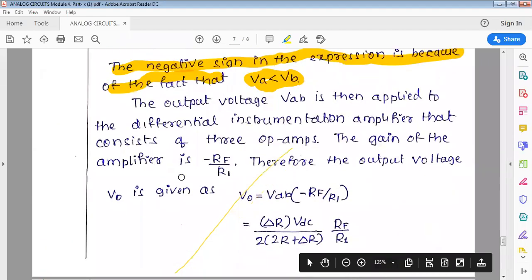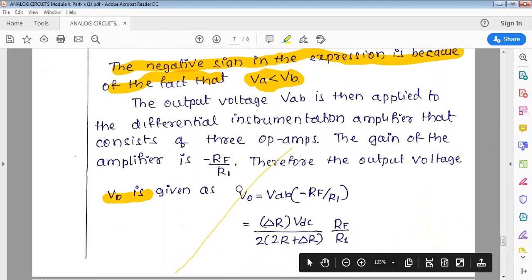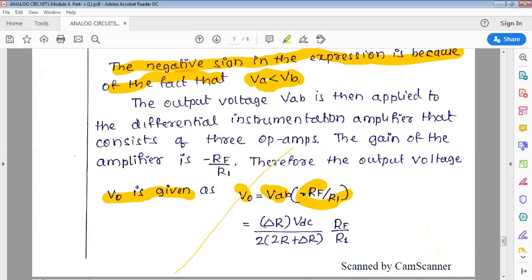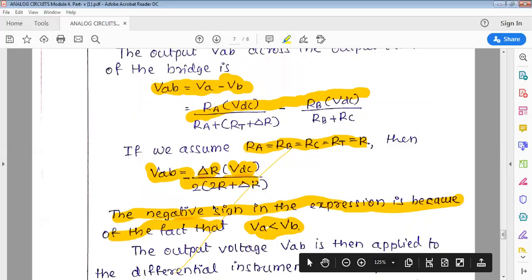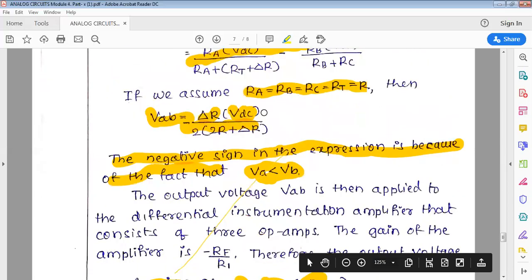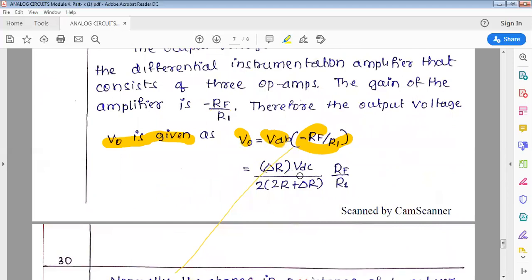Now the gain of the amplifier is minus RF by R1, and the overall output voltage V0 is given by V0 equal to VAB into gain. What is VAB? It is the input voltage, and gain is minus RF by R1. In place of VAB, I will substitute this value, that is delta R into VDC divided by 2 into bracket 2R plus delta R, into RF by R1.